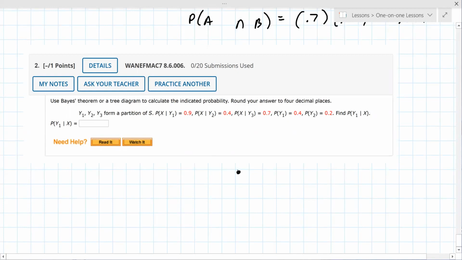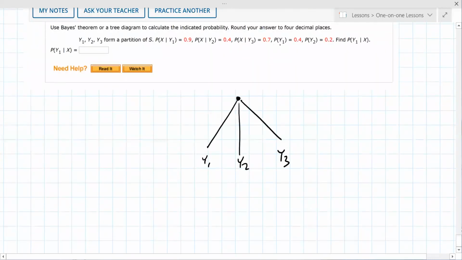There's y1, y2, and y3. Okay, and they give us some of those values over here, so that's where it's actually kind of clear. Like, oh, that's 0.4 and that's 0.2. Well, what's y3? Well, all the y's have to add up to 1.